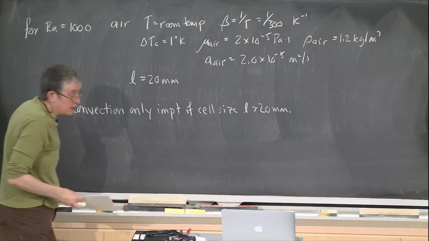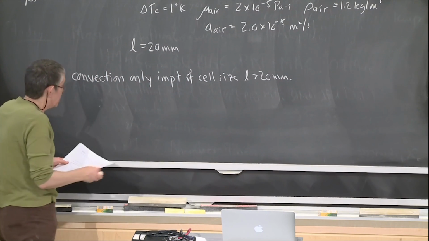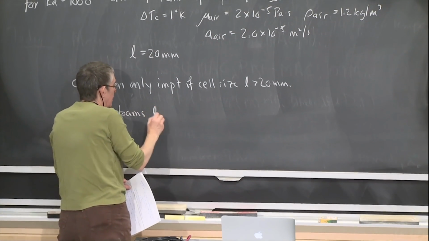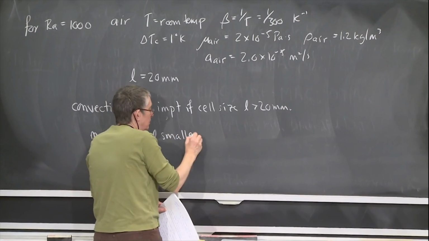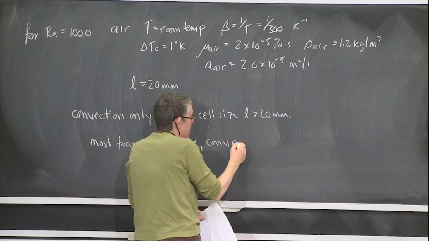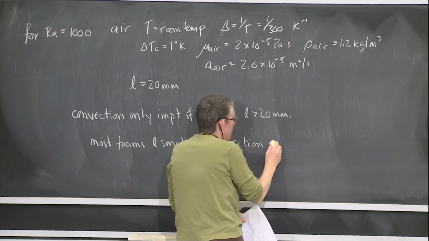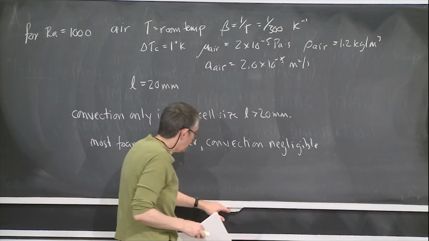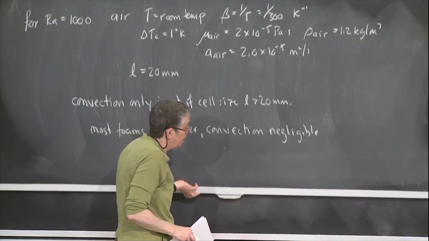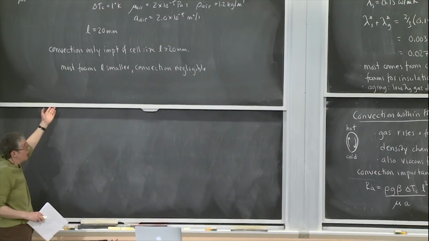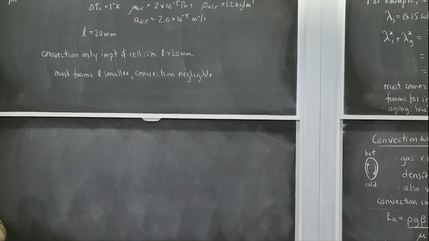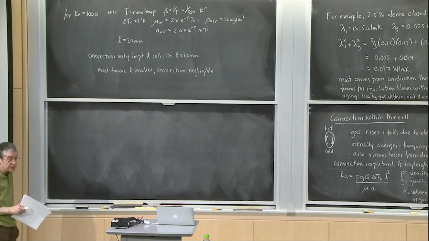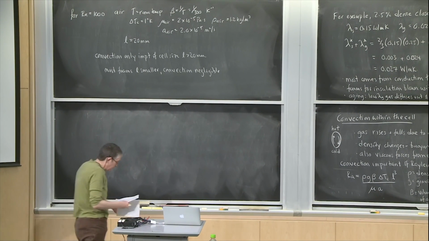And so most foams have cells much smaller than that, and convection is negligible. So by having closed cells, the heat's not transferred so easily from one cell to another by the gas moving. And by having small cells, the convection drops out, so you don't have to worry about that.